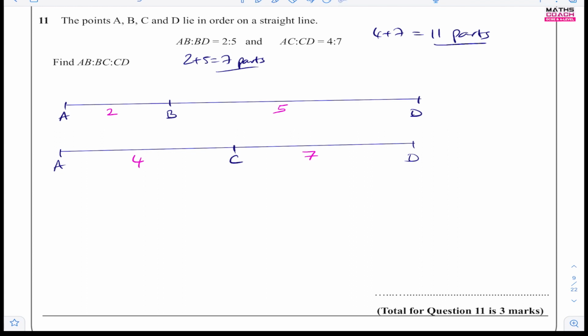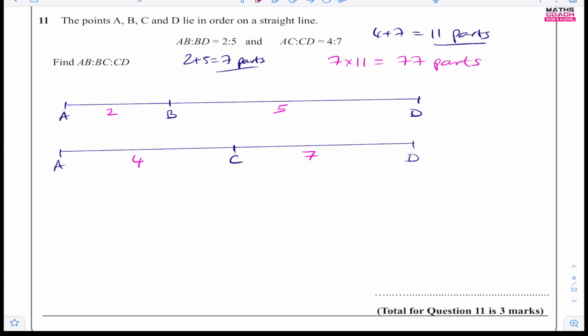Now, both of these lines are still A to D, so we need to find a common ground between both of these lines. Now, if we go back to what we had up here, we can see that the first one was broken up into 7 parts, and the second one has been broken up into 11 parts. So a common multiple between them is going to be where you do 7 times 11, giving you 77 parts.